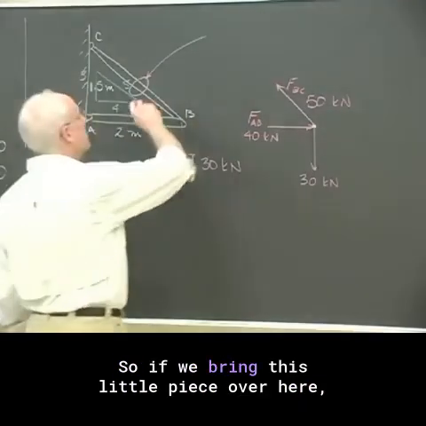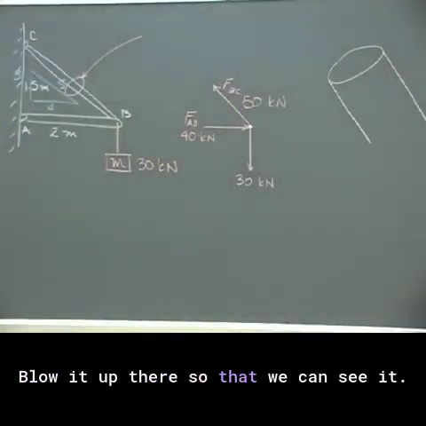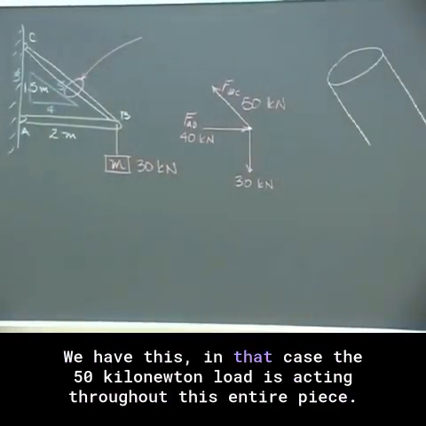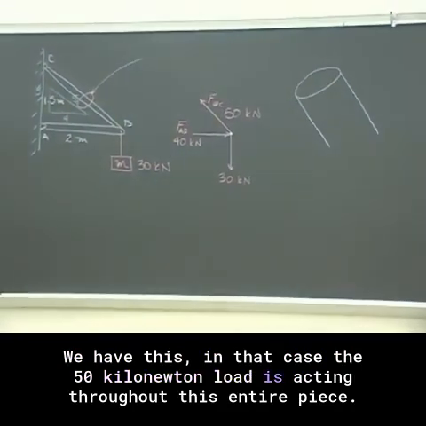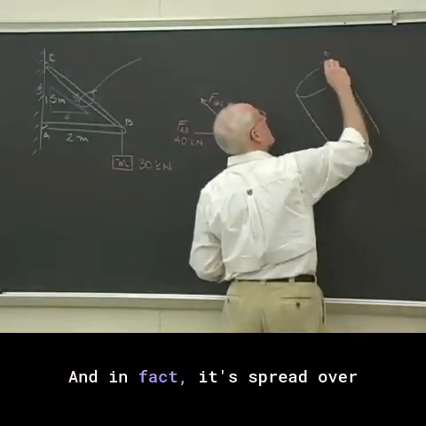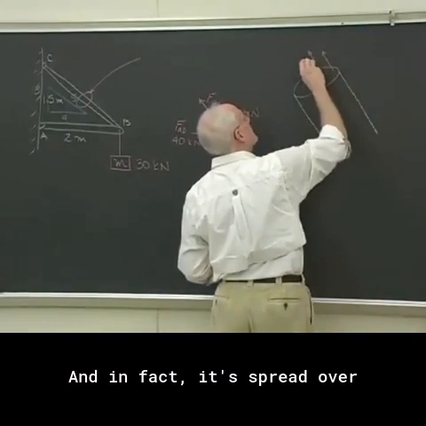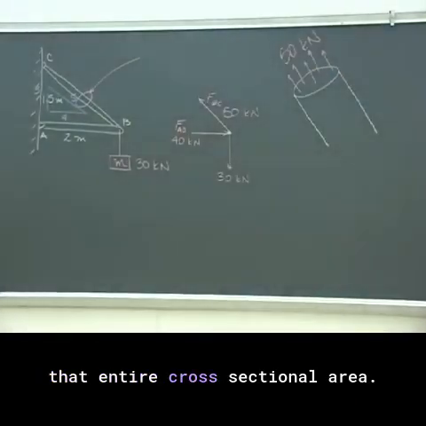What we're going to do now is take a look at the internal forces that are caused by those loads. So if we bring this little piece over here, blow it up so that we can see it, in that case the 50 kilonewton load is acting throughout this entire piece, and in fact it's spread over that entire cross-sectional area.